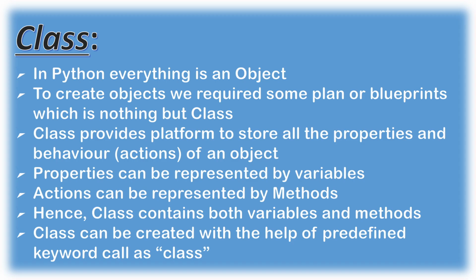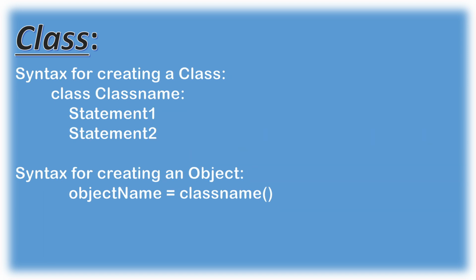Okay, so now we'll see what is the syntax of creating a class. The syntax of creating a class is: class, this is the predefined keyword, and following it the class name, following it a colon.